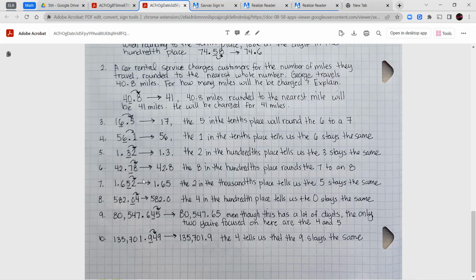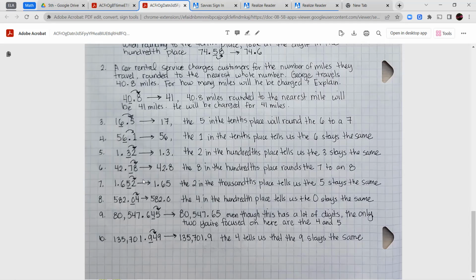Now, in order to decide which way it's going to round, we're going to look at the next place value. So we'll look at the tenths place, which is the digit that comes right after the 6. The digit right there is going to be a 5. Now, a 5 tells me that I'm going to round up. So that 5 in the tenths place will round the 6 in the ones place up to a 7. So 16 and 5/10 is going to round to 17.